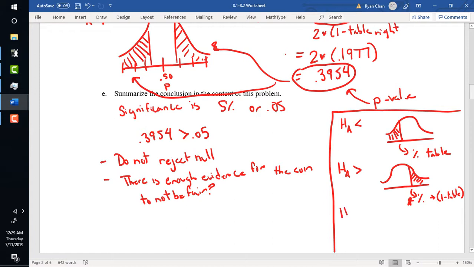And if my alternate is not equal to, I have a two-tailed situation.